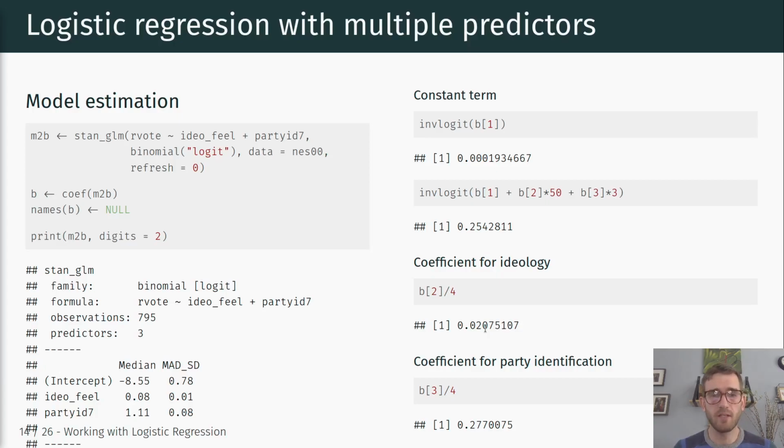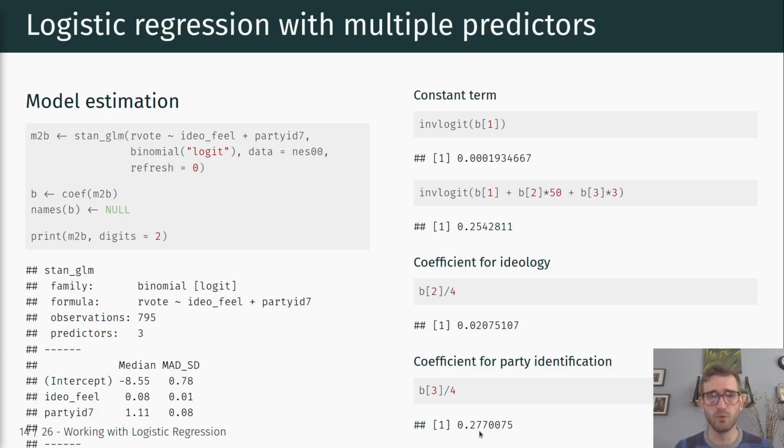We can do the same thing for our coefficient for party identification. Again, all we have to do is divide our coefficient by 4, and we have 0.0277. Again, this is the maximum predicted change in probability for a comparison between 1 unit changes in party identification.